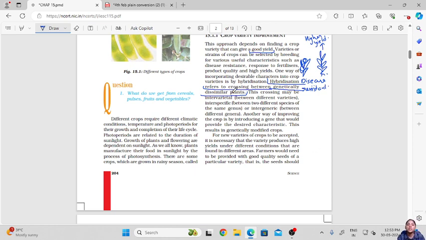So what is done is that these two plants are crossed. Okay, these two plants are hybridized so that the resultant progeny will have both of these desirable characters.